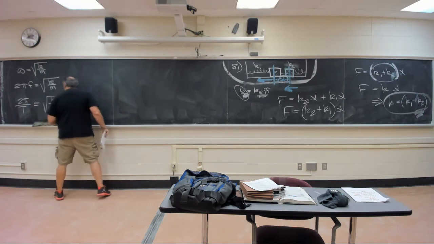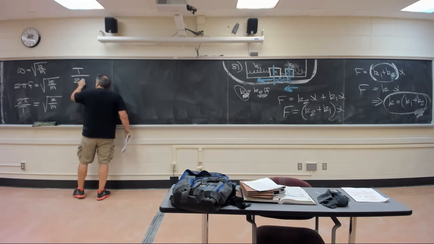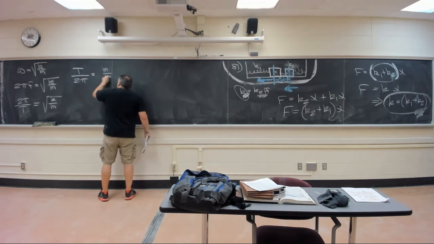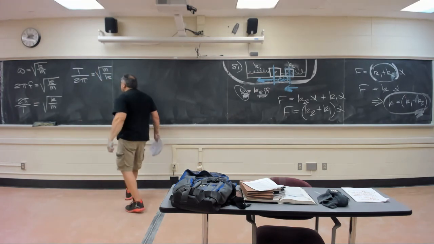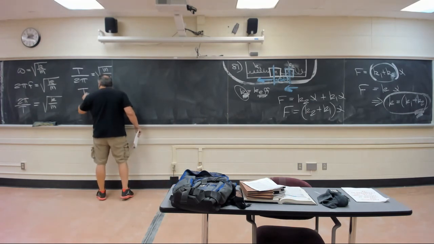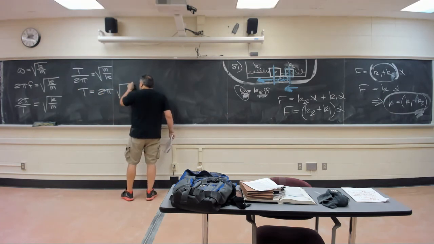If two things are equal, their reciprocals are equal. Multiply by 2 pi on each side.